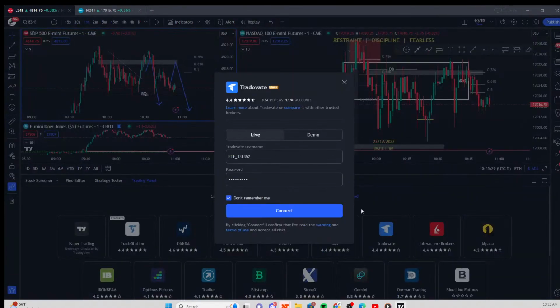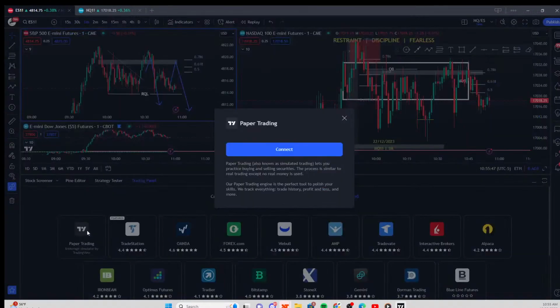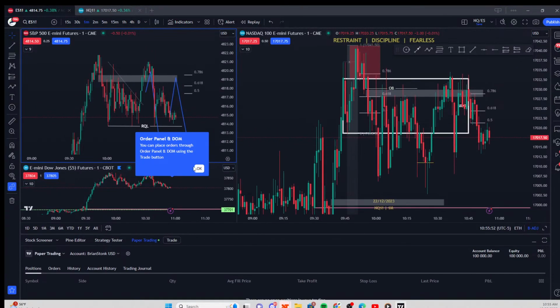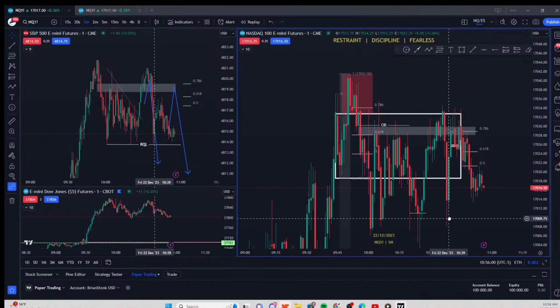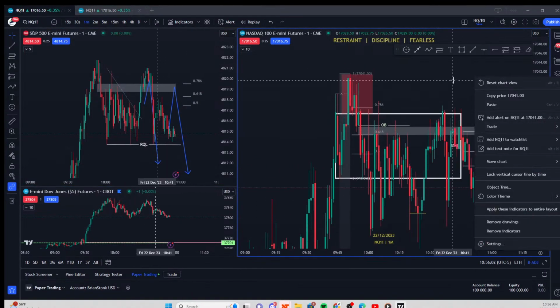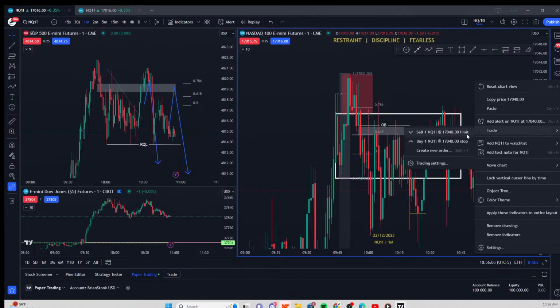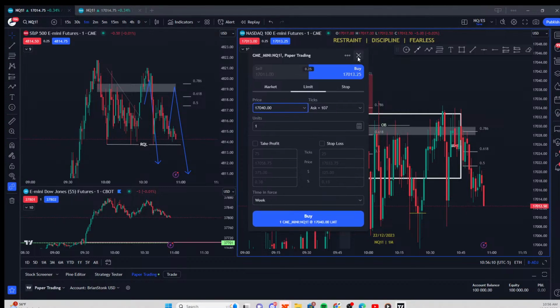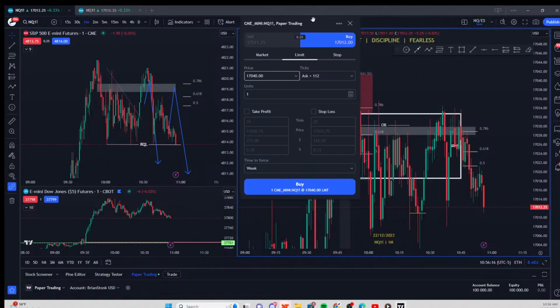I don't think I ever traded demo before. How does this work? This is a demo account, right? Yeah. Hopefully I didn't connect anything already. Do I have something on the left side? Is there like a tab you can open? Or do I just have to keep this up somewhere?